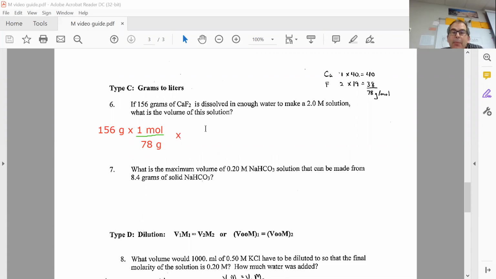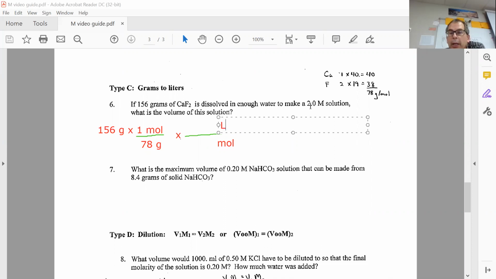Okay, my next step is we said we were going to divide by the molarity. I could also show this with units. Moles is on the top here, so I'm going to put moles on the bottom here. And molarity is moles over liters, so I'm going to put liters here.